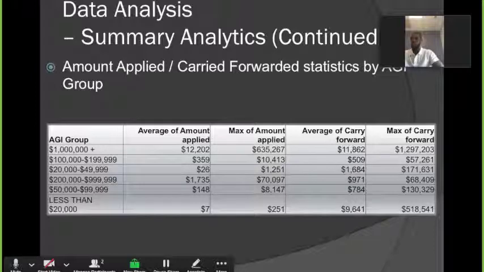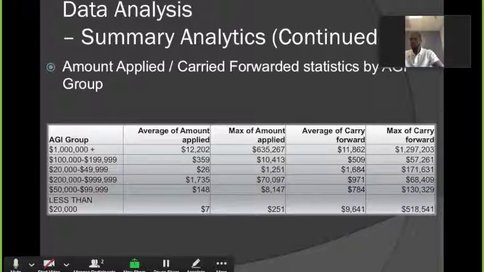So I wanted to further explore the numbers that were looked at earlier. I organized this data by the AGI group, and I wanted to understand the max amount of tax credits applied by one claim, as well as the average amount applied, and the same was done for carry forward.